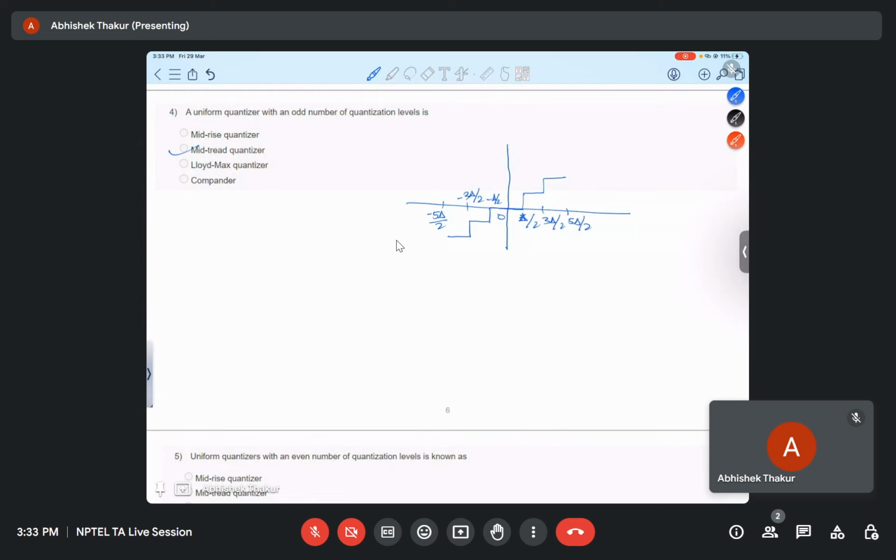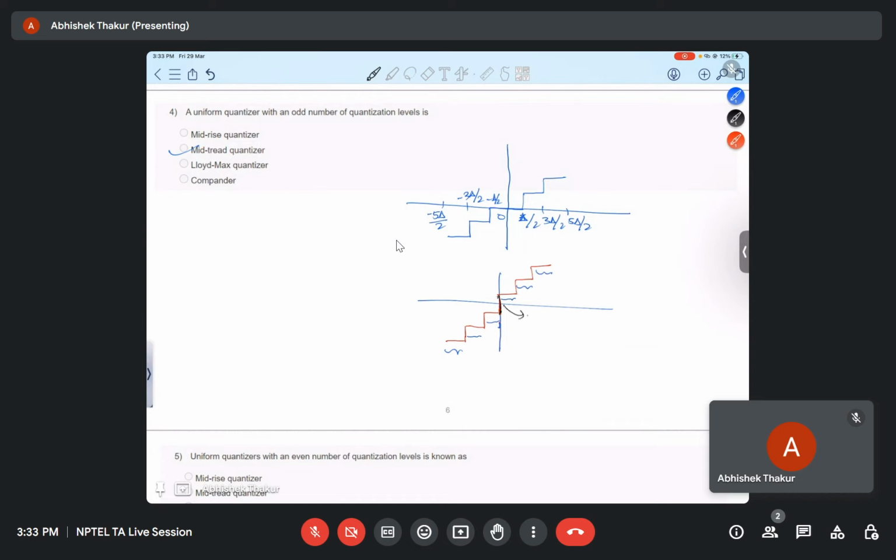Now let's suppose there is a sixth level of interval. Here you can see there are six intervals: first, second, third, fourth, fifth, and sixth. So at the center, there is a mid-rise.